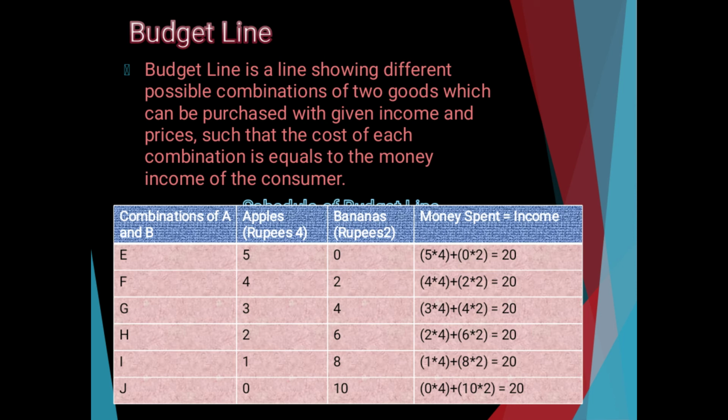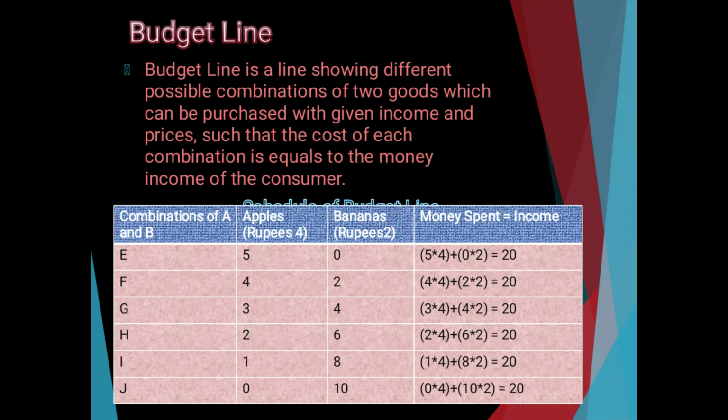We have different combinations: E, F, G, H, I, J. The apples are 5, 4, 3, 2, 1, 0, and the bananas are 0, 2, 4, 6, 8, 10. So money spent equals the income. Now we have to make the bundles.